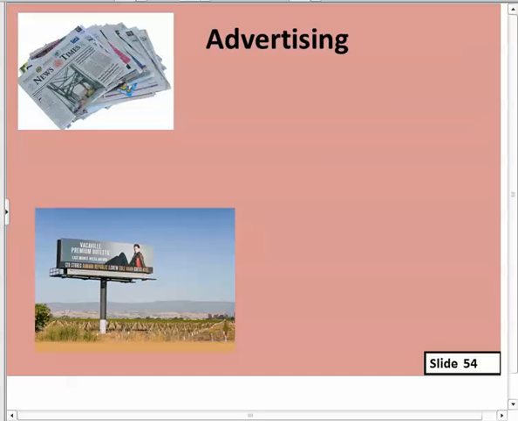You can do newspapers. Newspapers are interesting from the standpoint that still in this day and age of more computerized, there are still some people who get their news through newspapers, and there's advertising in there. Okay, so that's one way of doing it.